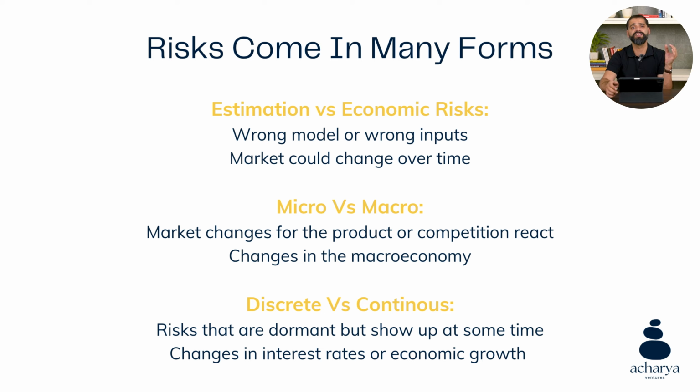Then the second category is micro versus macro. Micro meaning things which are for your company, for your industry, in a very small viewpoint. The market for your product could change, or the competition could react in a way that they either cut down the prices or come up with a more efficient product, and your users might shift to competition.